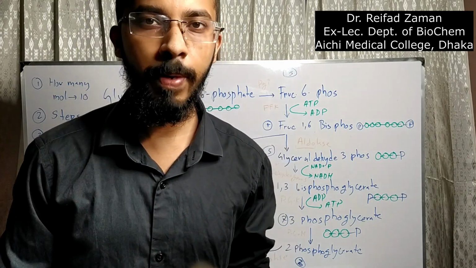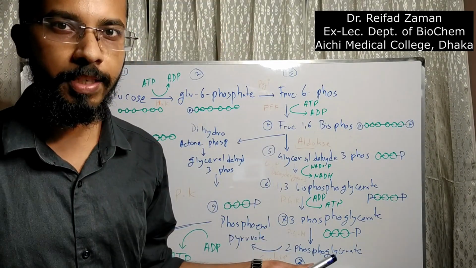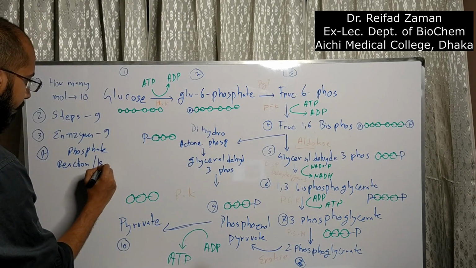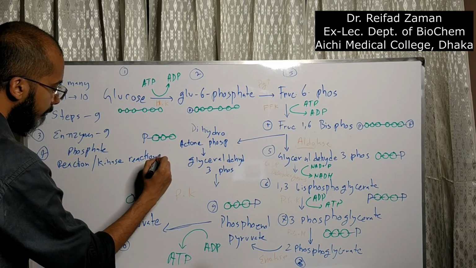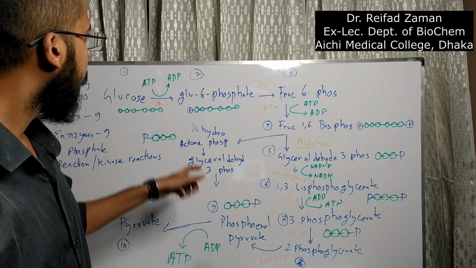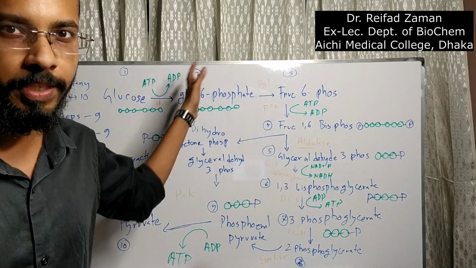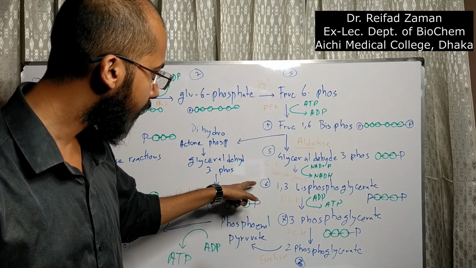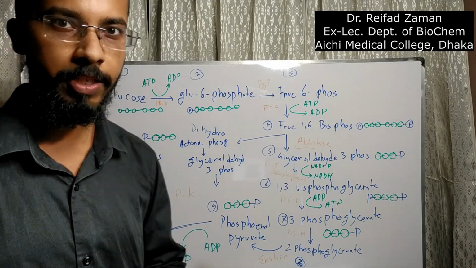Now the challenge of remembering where phosphates are added and removed. This will also answer where the kinases are involved. So here's the trick. Just remember this. The first transaction is occurring between the first and second molecule. And then between the third and fourth molecule. Again between the 6th and 7th molecule. And finally between the 9th and 10th molecule.